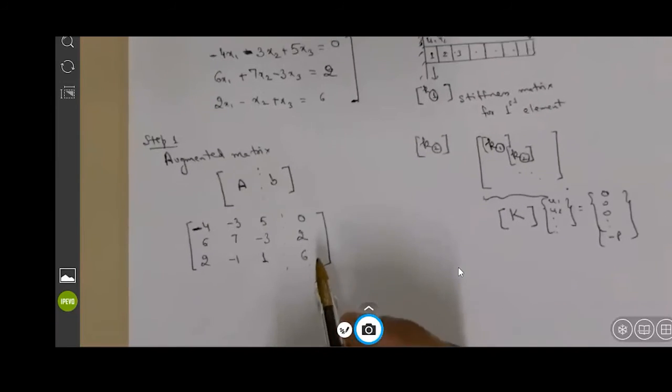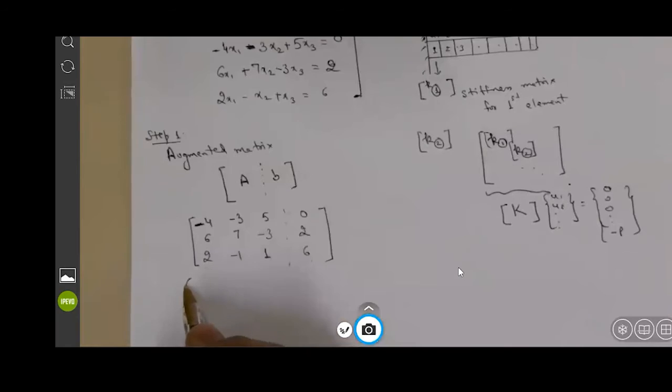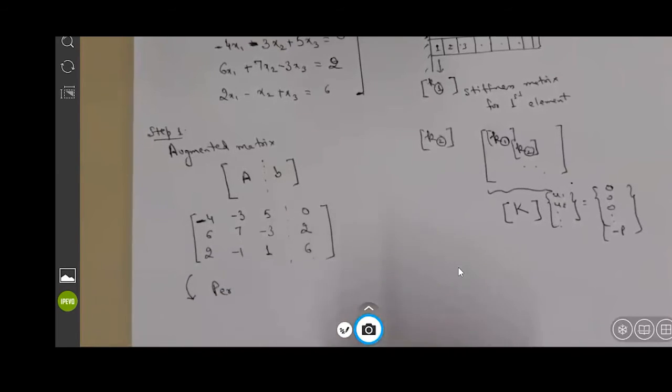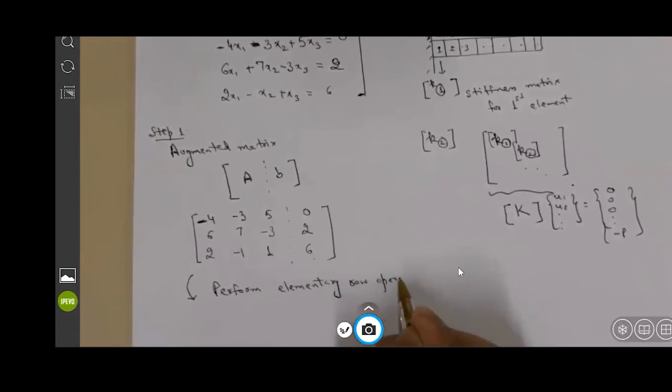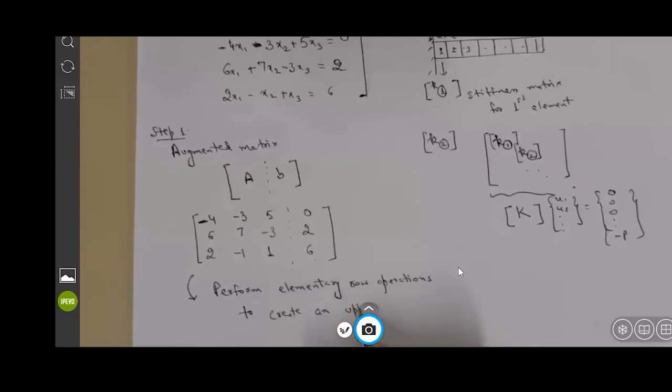Now in this, you do some elementary row operations. The generic elimination technique is you perform elementary row operations to create an upper triangular matrix.